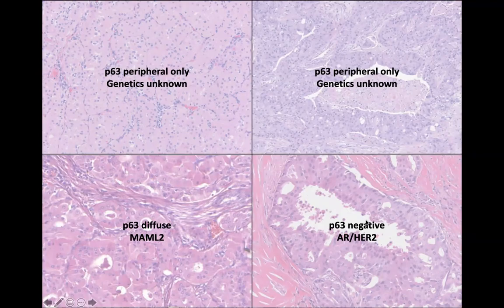What is important is just doing the AR and the HER2, because if it's AR positive and or HER2 positive, the patient can be treated. I don't care if you call it oncocytic or salivary duct. What's more important is that there is now a treatment pathway for these patients, right? So sometimes we like to name things, but let's just remember that sometimes it's actually how these patients are going to be treated that's more important.